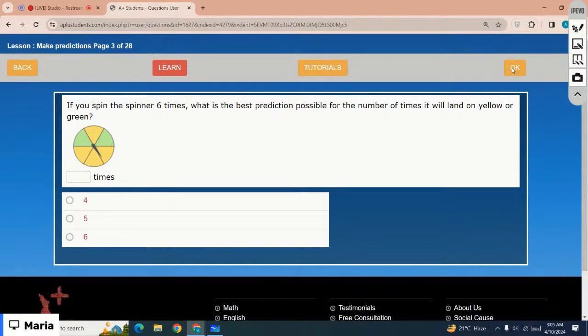If you spin the spinner 6 times, what is the best prediction possible for the number of times it will land on yellow or green? Which is the correct option?